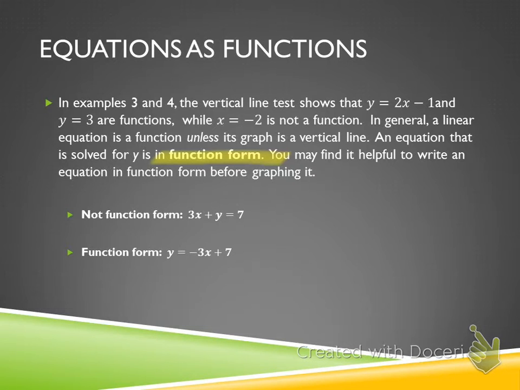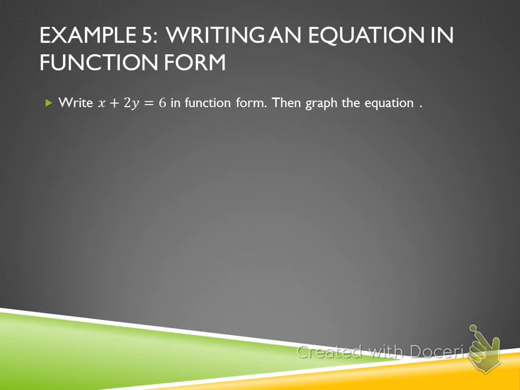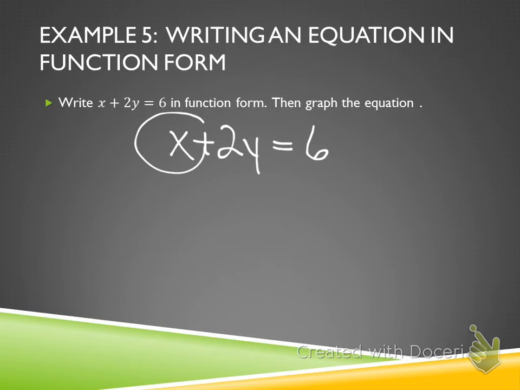So, let's look at a couple that are not in function form. Okay, so I have x plus 2y equals 6. Now, what's my goal? My goal here is to get y by itself on one side of the equation. So the first thing I'm going to do is I'm going to move the term that is not connected to my y.